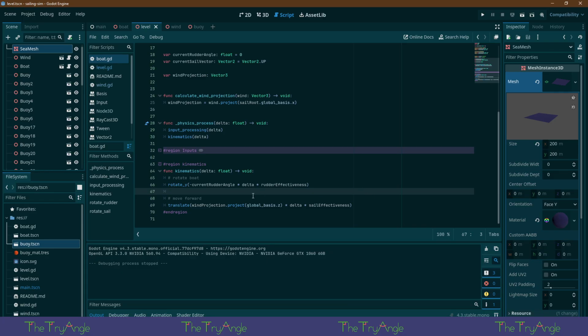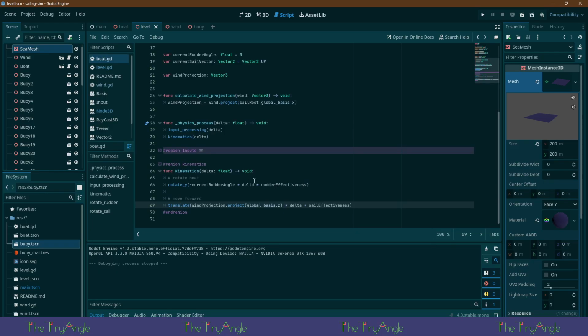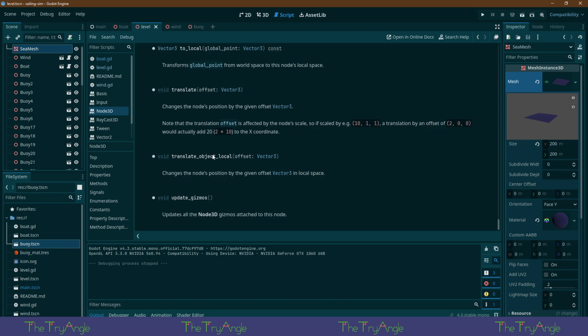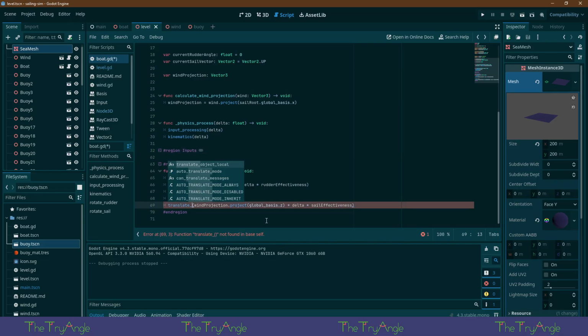I only want to move forward in one direction. Maybe I should do this in local space. Yeah. All right, so first let's say translate object local.